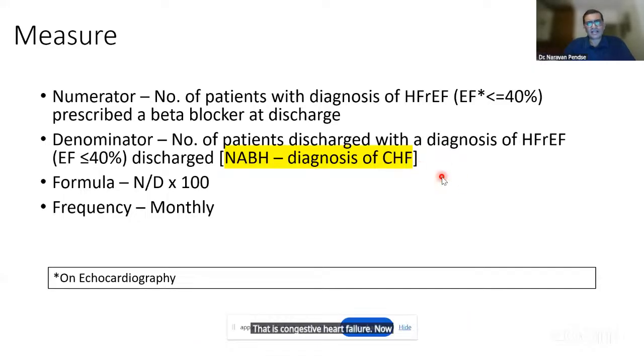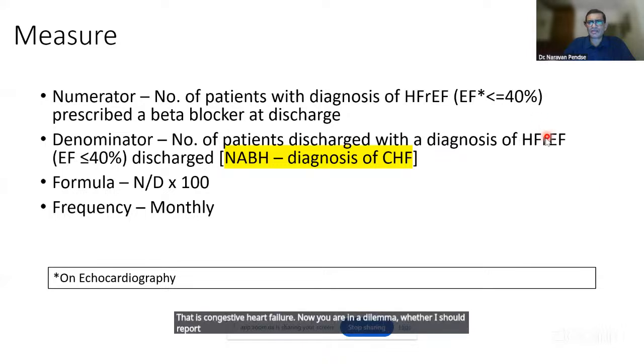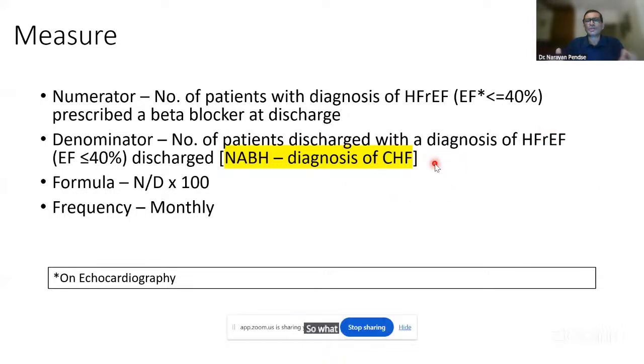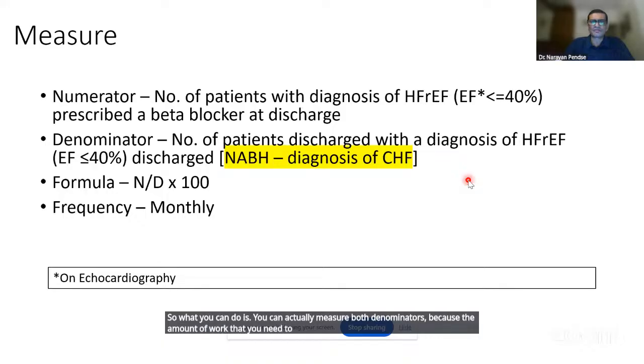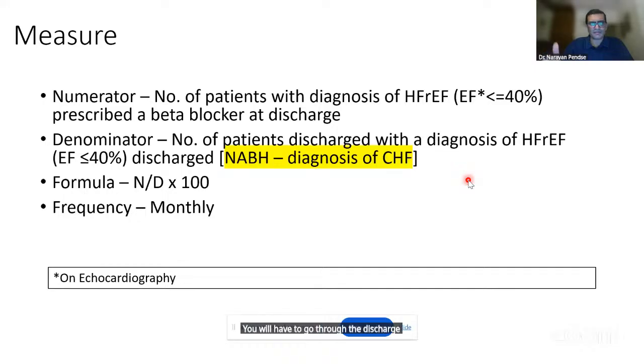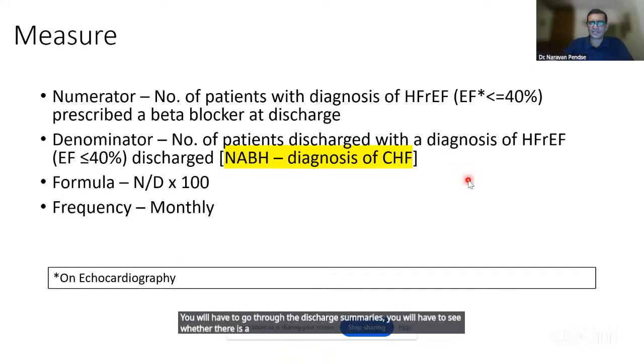Now you are in a dilemma whether to report this to NABH or report the other version. What you can do is actually measure both denominators, because the amount of work you need to do for both of them is practically the same. You will have to go through the discharge summaries and see whether there is a diagnosis of CHF or not.